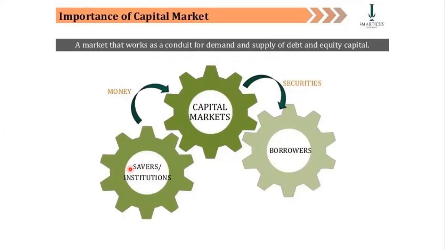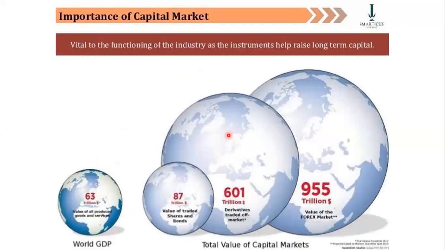In between the borrowers and savers, the capital market is working. The savers, the institutions, will supply money, and borrowers sell the securities here and get the money here. So this is the basic mechanism of capital market.